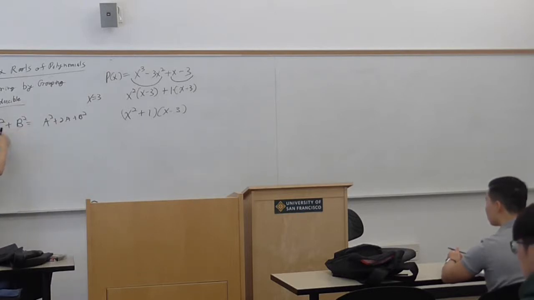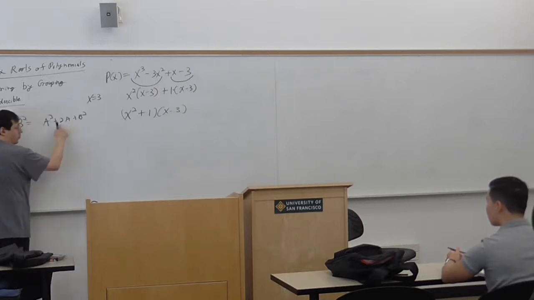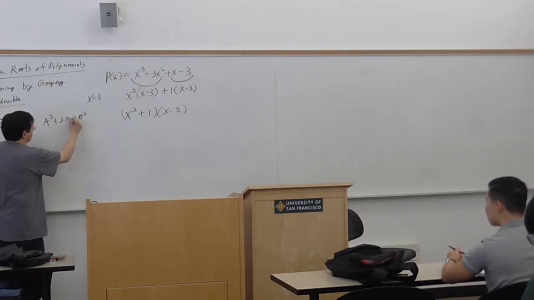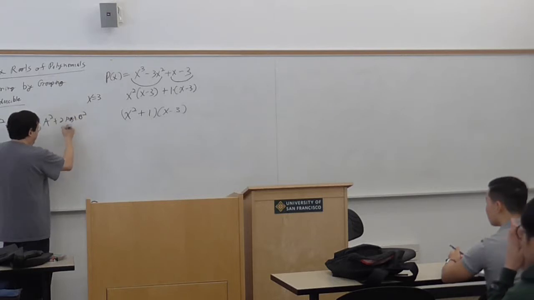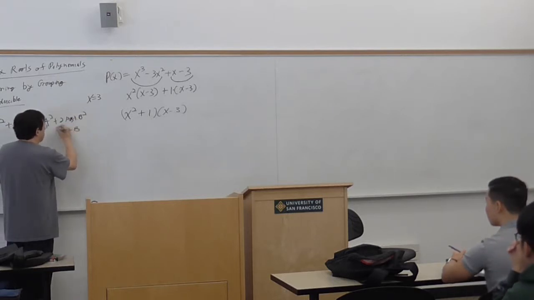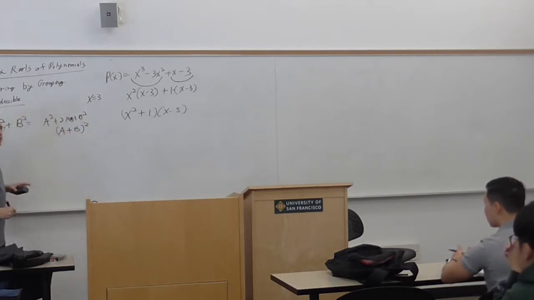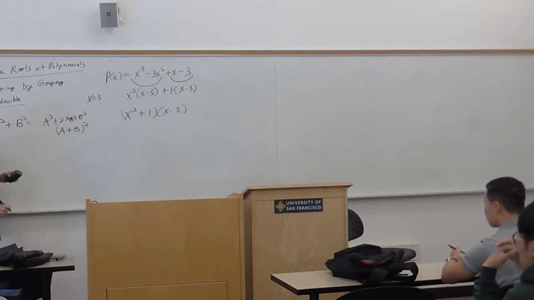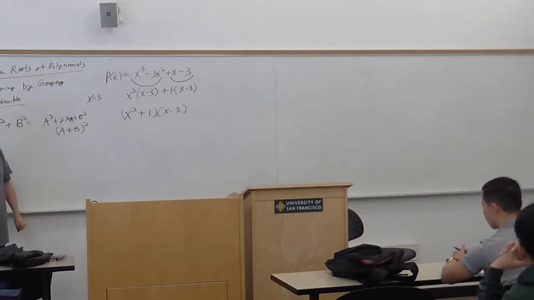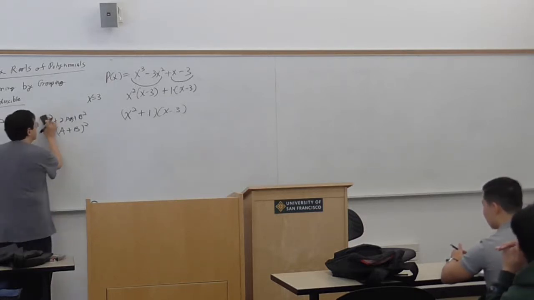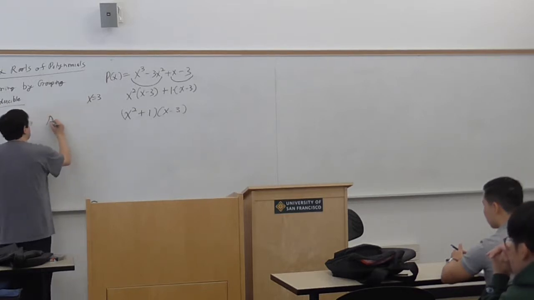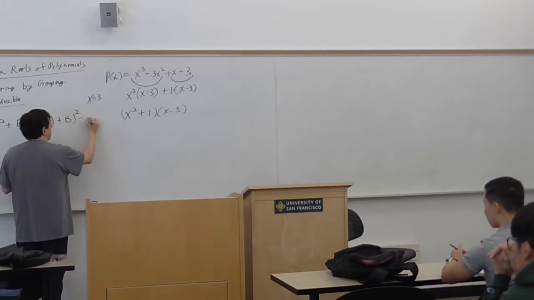We're trying to get two things multiplied that equal this. This is a plus b squared, right? It's that pattern. These patterns are important. Yes, Alex? So a plus b squared minus 2ab.